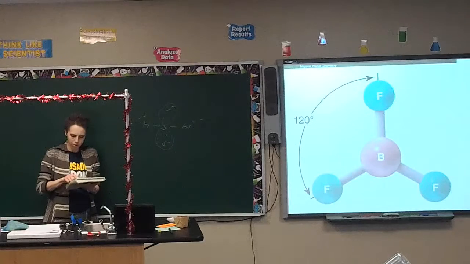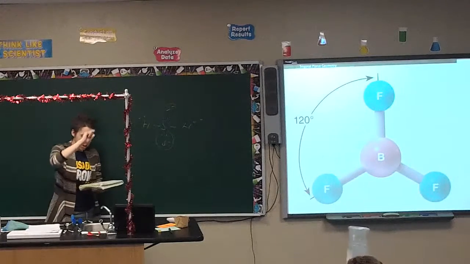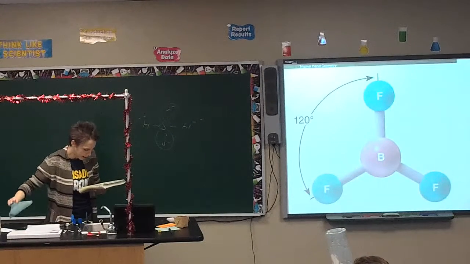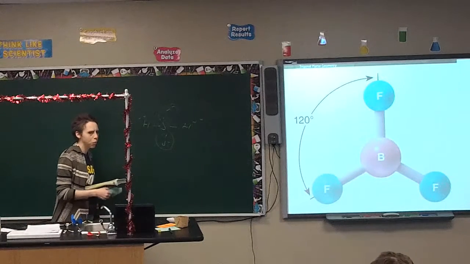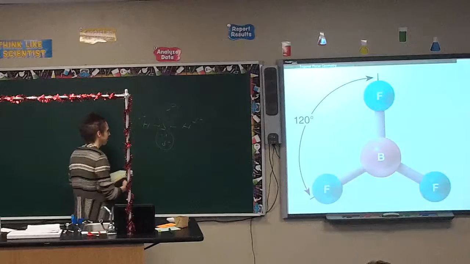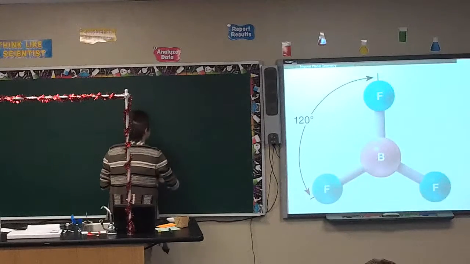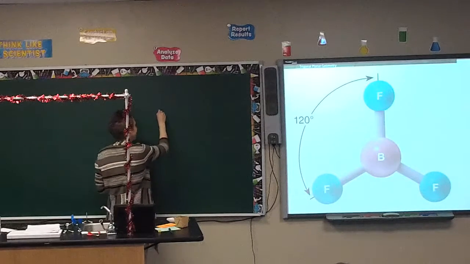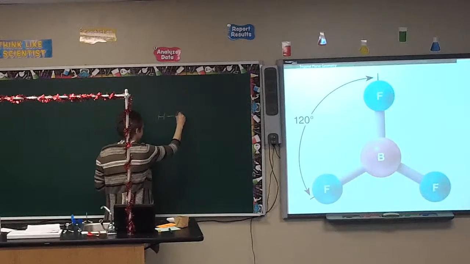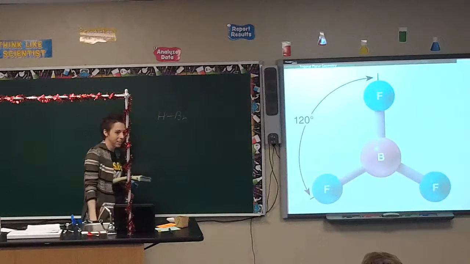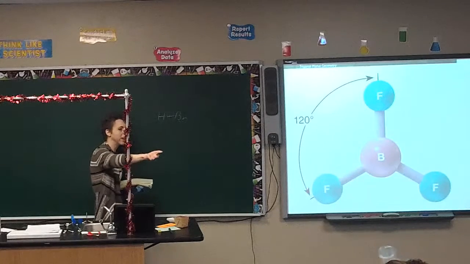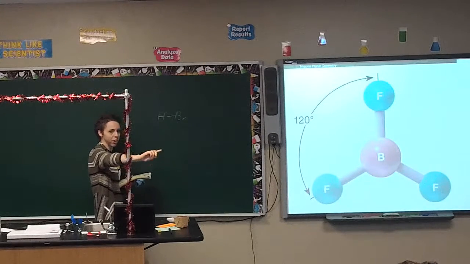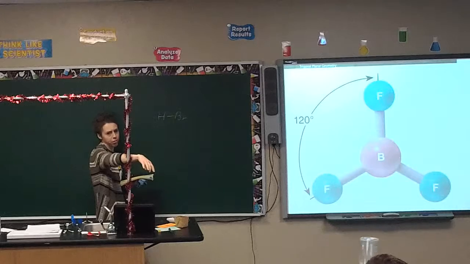Alright, you don't have any questions about that? Well, let's look down at the next one. HBr. Alright, Ethan, do you want to say what this one would be? HBr. It's 2 atoms. Linear. Good job. Alright, make sure you're not getting overly distracted.